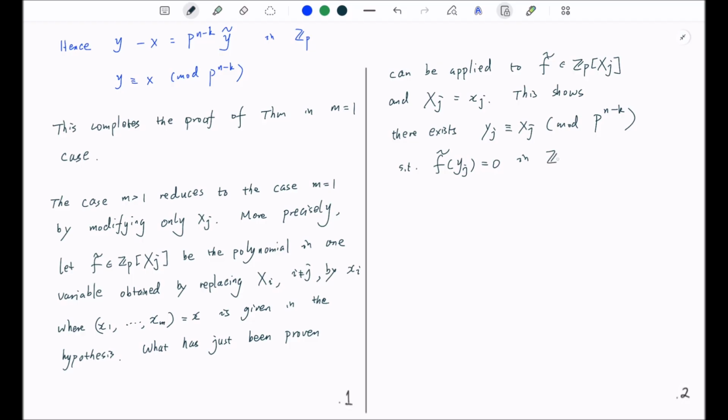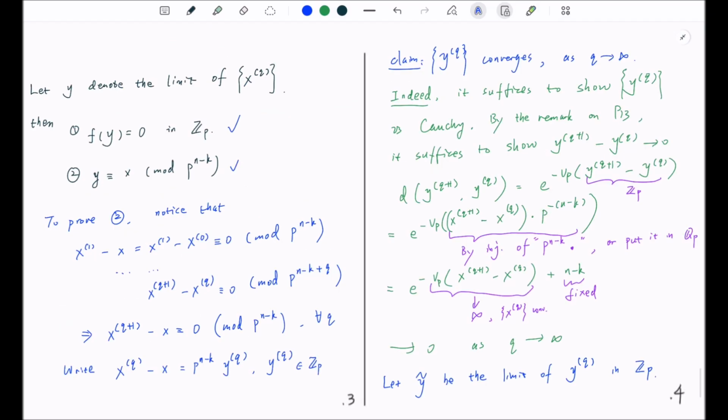This is a true solution in Zp. Yj is in Zp. And this equation also holds in Zp. This was what we proved from here.